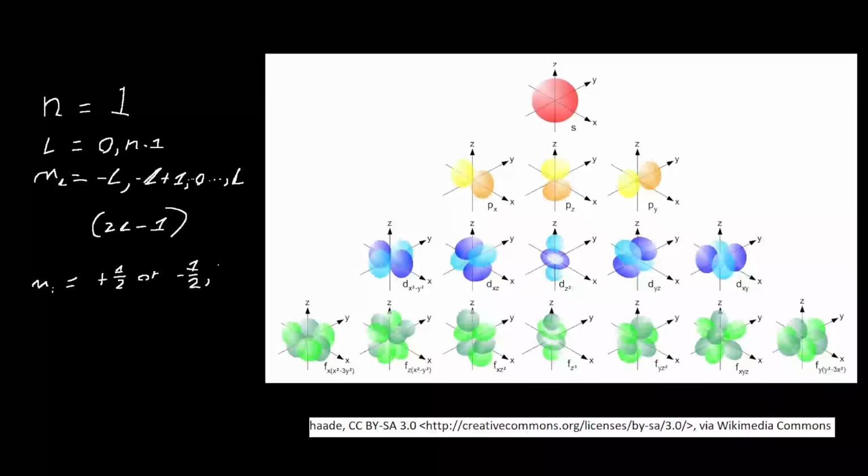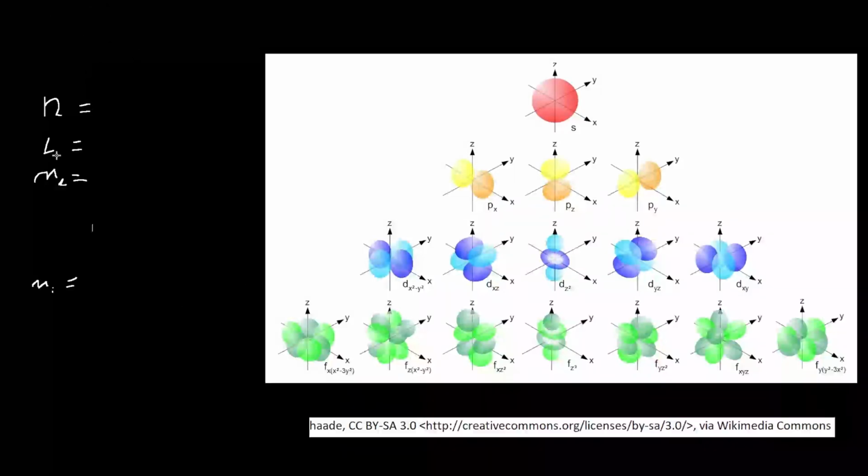So if I wanted to go through, I'll get rid of this, right? As an example, I wanted to talk about an electron in the 3rd shell, in this subshell here, in this orbital. So what would I do? Well, I would set n equal to 3.